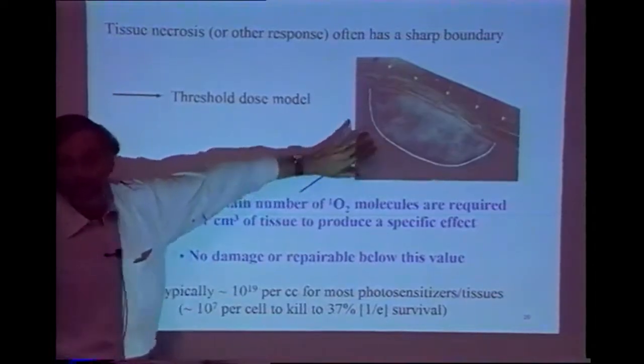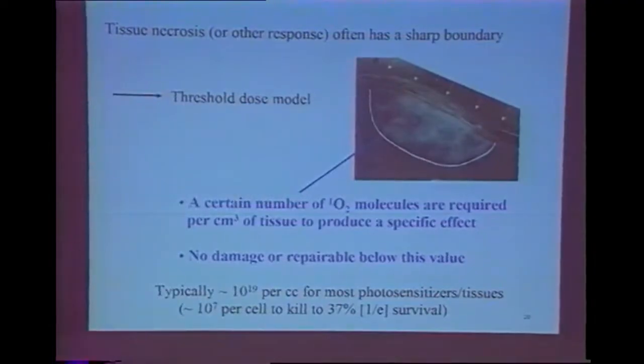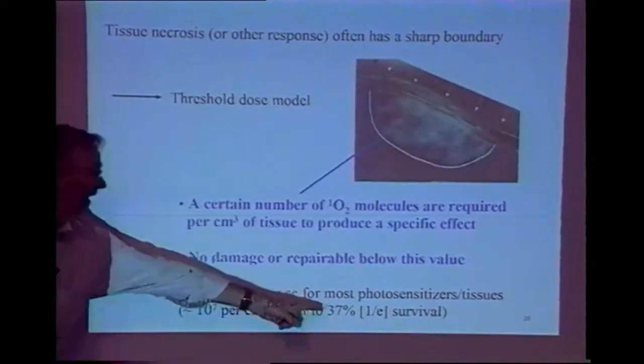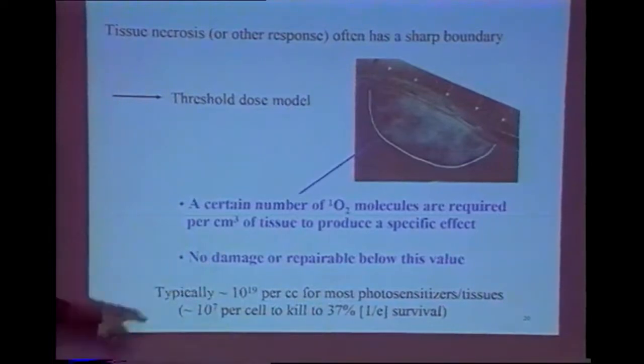No one really has answered that question, but you might think you have to kill 99% or 99.9%. So maybe you have to give 10 times the 1 upon E level, so maybe you need 10 to the 8 molecules of singlet oxygen per cell. And if you compare these values, you're about right. Makes some sense, within a factor of 10 or so.